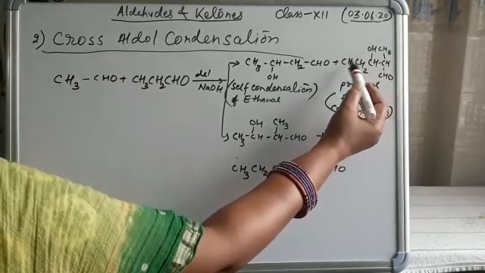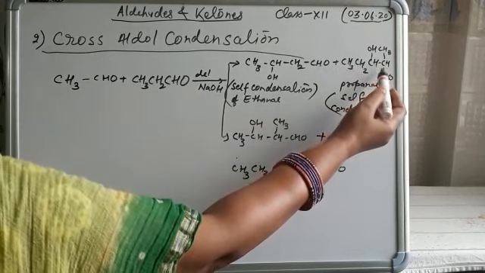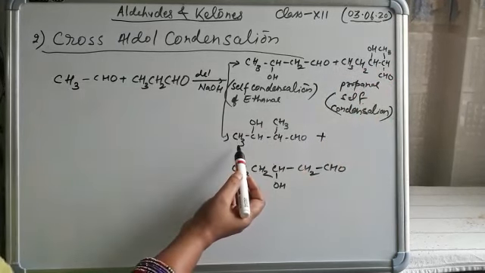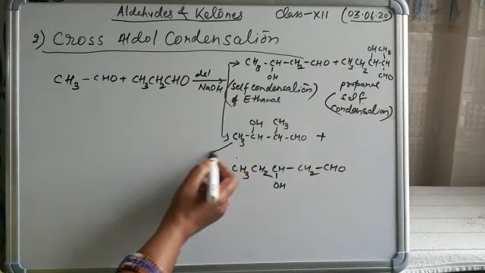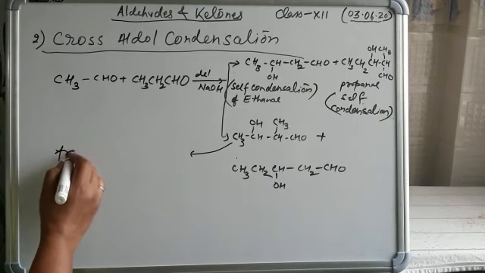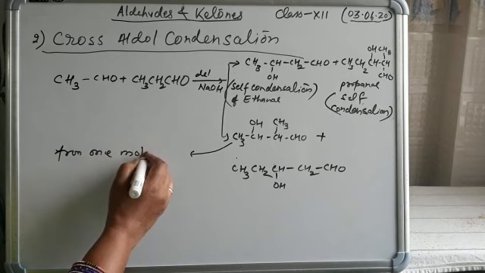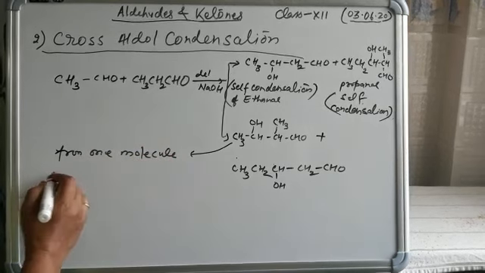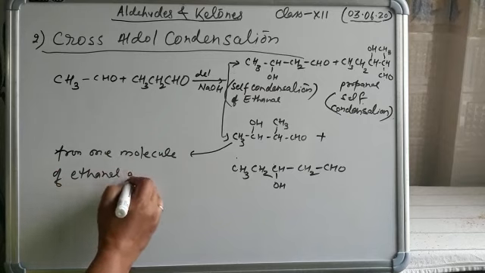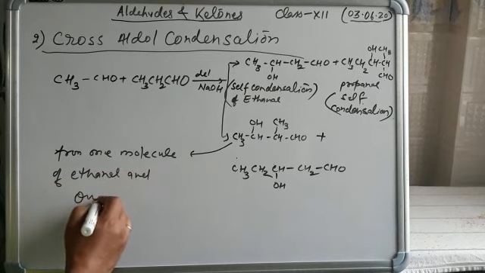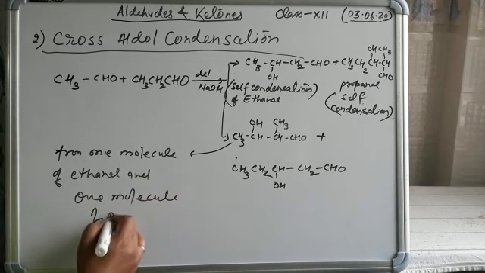1, 2, 3, 4, 5, 3-hydroxy 2-methyl pentanal. And this will form 3-hydroxy 2-methyl butanal from one molecule of ethanal and one molecule of propanal.